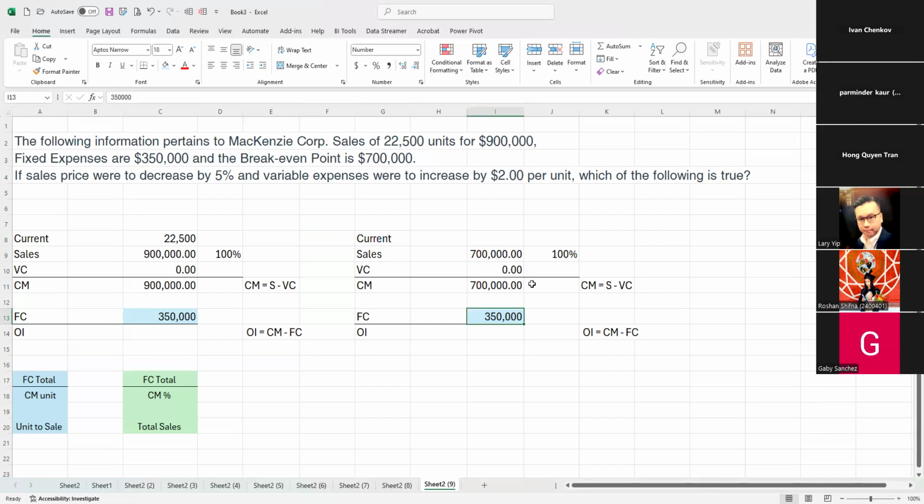If the sales price were to decrease by 5% and the variable costs will increase by $2, which one of the following is true? And you have some options here. That's an interesting question, isn't it?